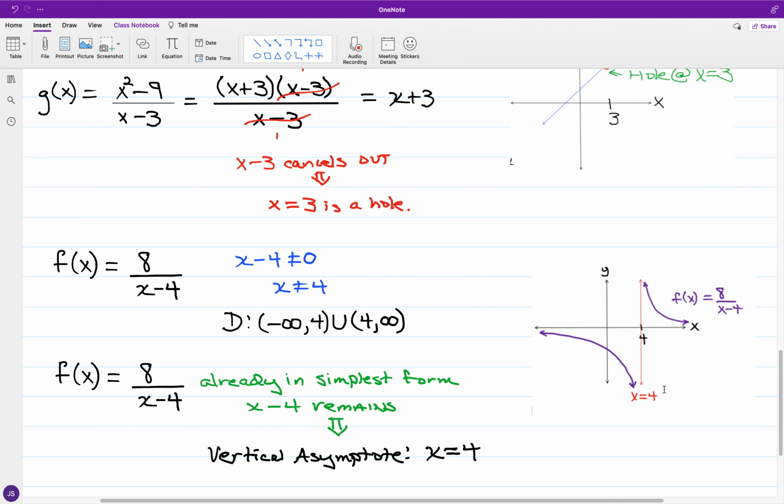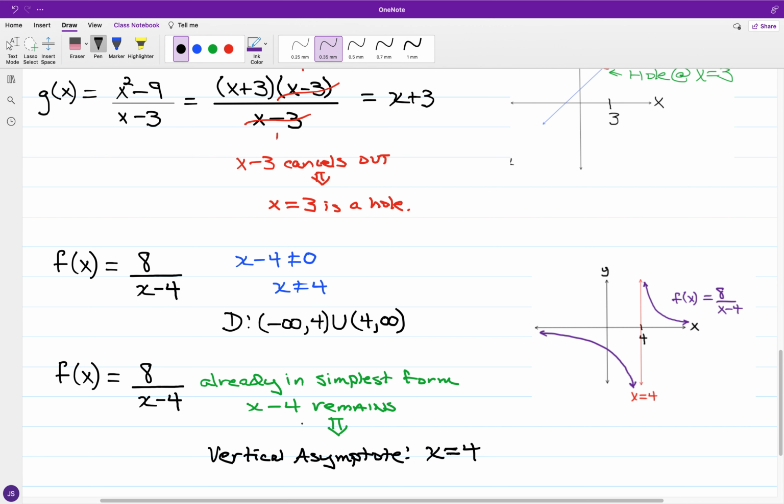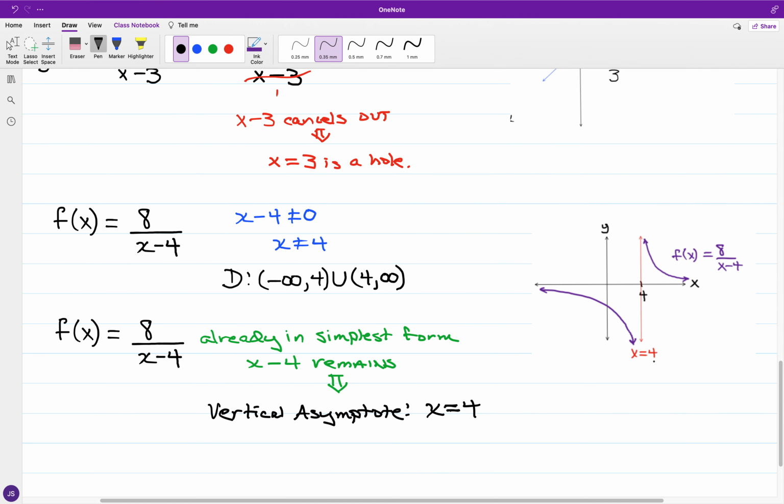So you're going to have the graph of f of x split into two separate sections, and this time with x equal to 4, again, because the denominator does not completely cancel but instead remains, this is going to be a vertical asymptote, and again, it's going to split the graph up into two sections.